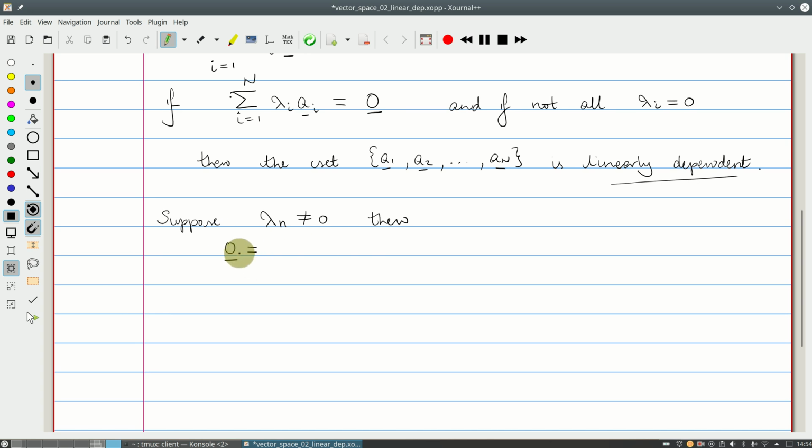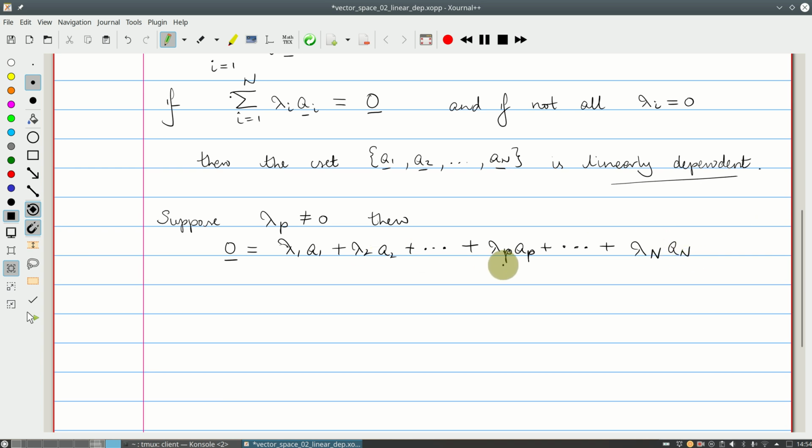Alright, so 0 is equal to lambda 1 a1 plus lambda 2 a2 plus all the way to lambda n a n plus, and this goes all the way to lambda, actually I have two n's here, so I'm going to change it to a p there, a p there, and a p there.